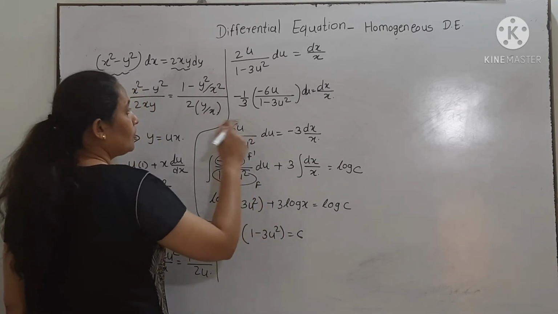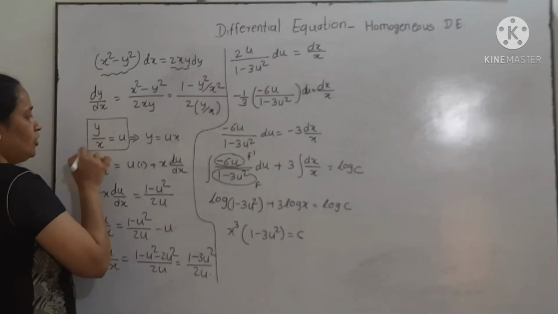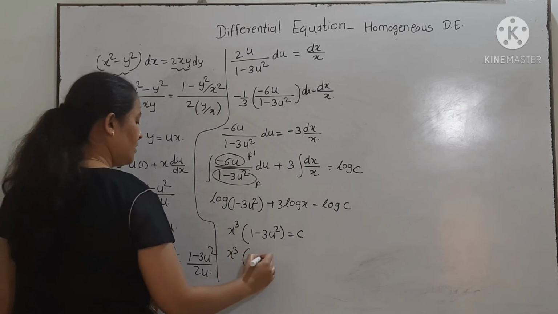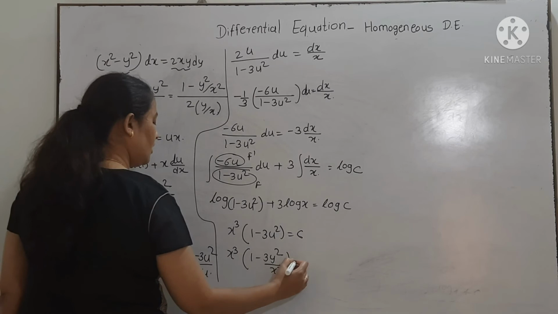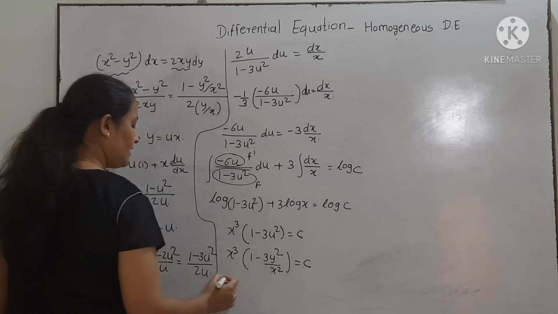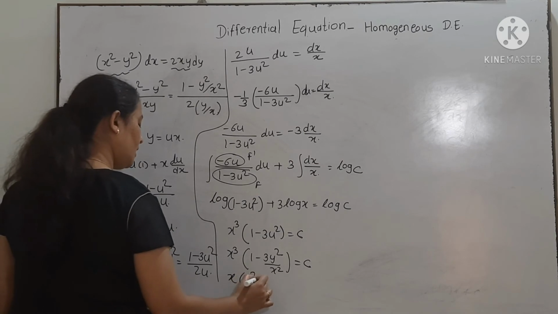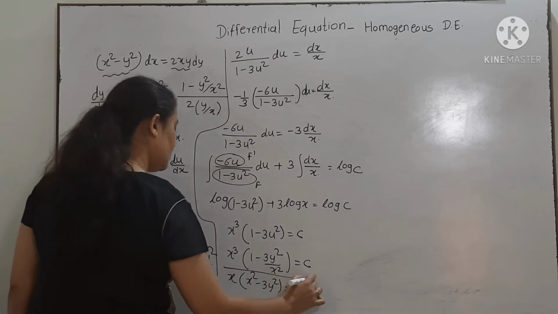But what is u? u is equal to y by x. We'll substitute this value here. It is x cube in bracket (1 minus 3 y square upon x square) equal to c. If I take x square as LCM, it is x in bracket (x square minus 3y square) equal to c, and this is the solution.